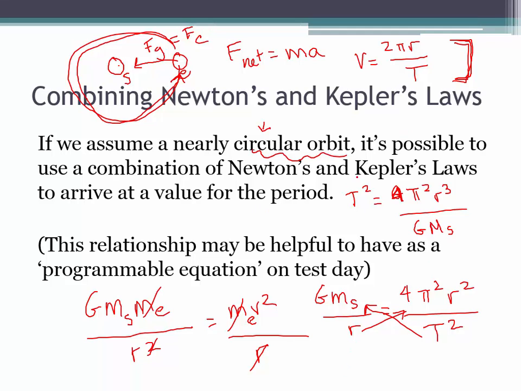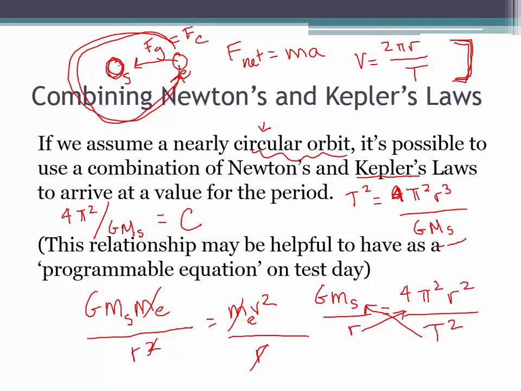Now this looks a lot like Kepler's third law, but we talked about 4 pi squared over G m_s as being C, or just a value for a constant. So 4 pi squared over G m_s is your C. Now, in this particular example, the m_s is the mass of the sun, or the mass of the object that the satellite is orbiting around.